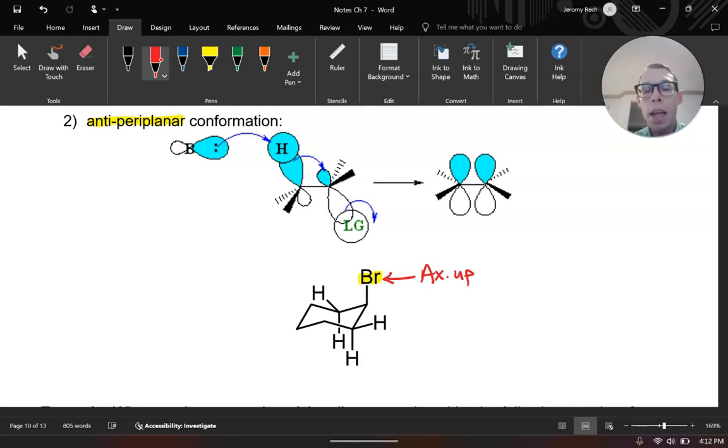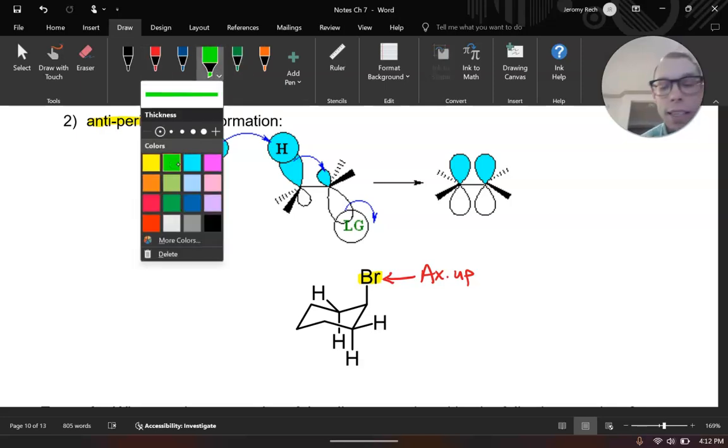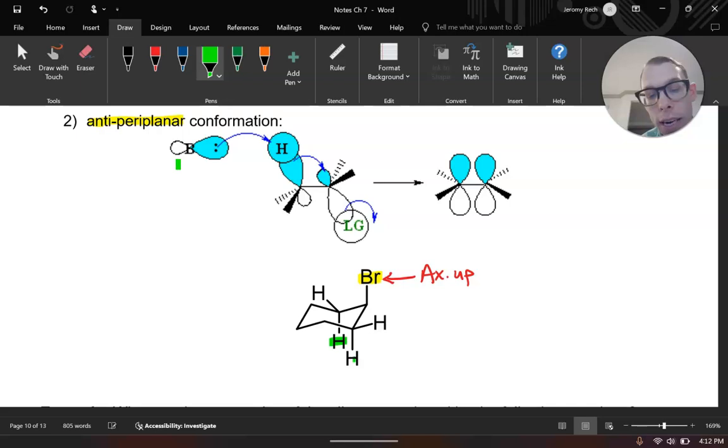Anti-periplanar is going to be the opposite direction, and for that, your opposite direction is going to be an axial down. And here there are exactly two axial down hydrogens, maybe we'll show this in green, which are in the opposite direction, exactly one bond away.